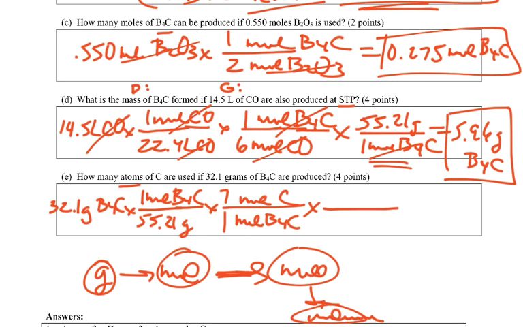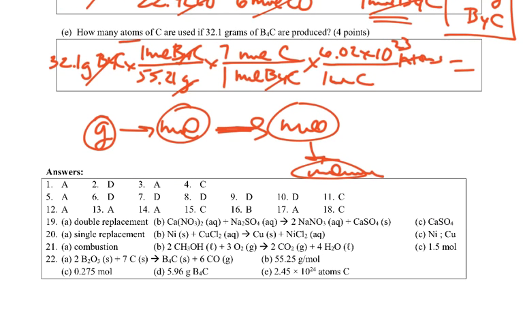I know that 1 mole of carbon is 6.02 times 10 to the 23 atoms, because carbon comes in atoms. Now I just have to do all that math. Luckily, I think the answer is written right down here: 2.45 times 10 to the 24 atoms of carbon. And that's my final answer.